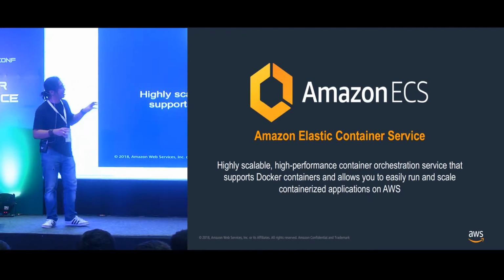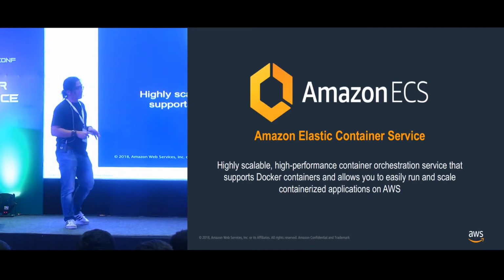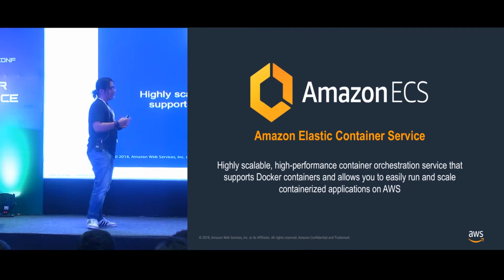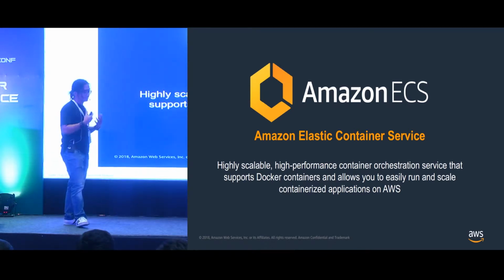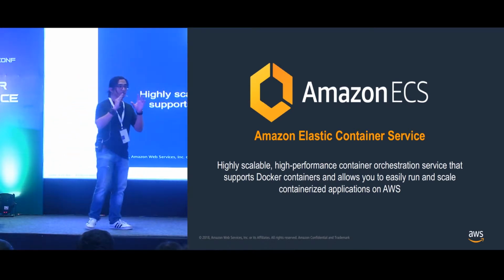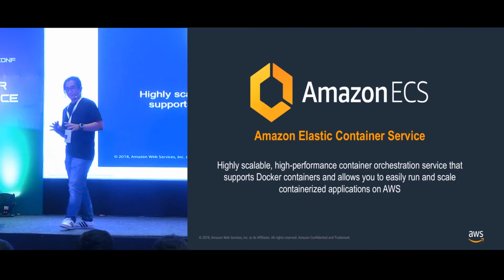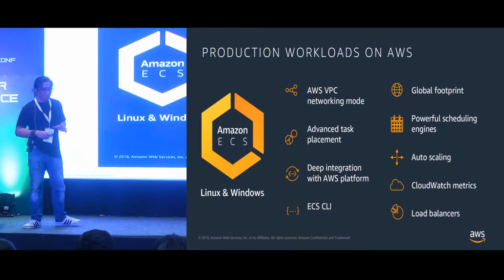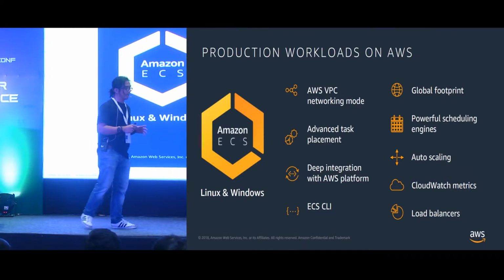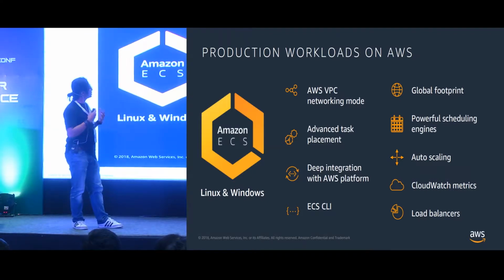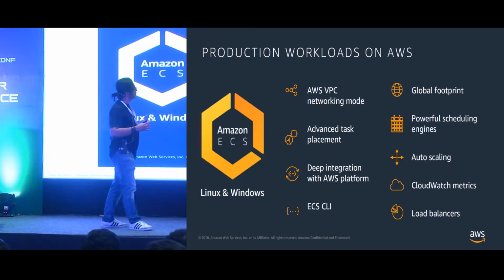And this is where Amazon ECS kicks in. With Amazon ECS, you don't need to worry about how to manage all those instances running your container application. It's a highly scalable, high-performance container orchestration service for those who are running Docker. ECS has these production benefits.